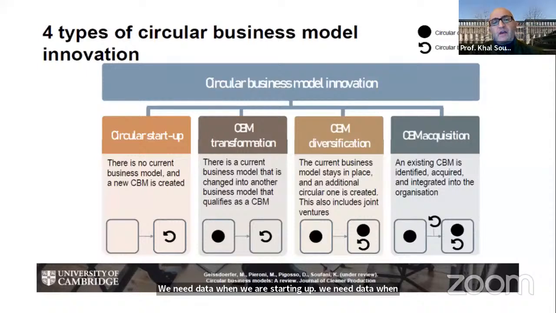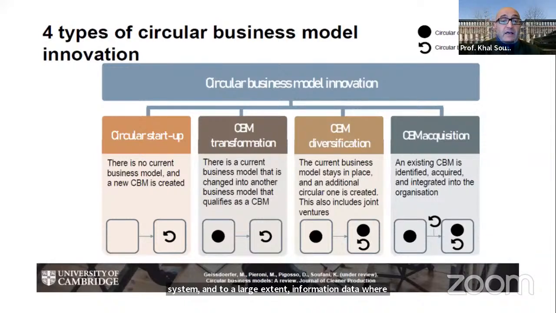If you think about transforming from one business model to another, say, moving from a traditional business model to a circular business model, how can you get the two business models to talk to each other and understand each other without creating any major disruption to the system? To a large extent, information and data, where we have communication, would help. Diversification, and so on.